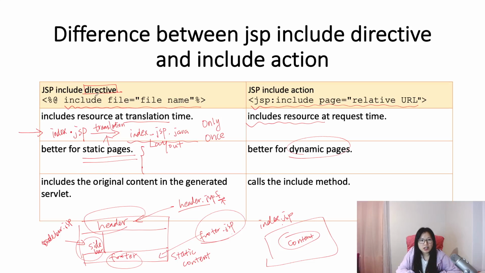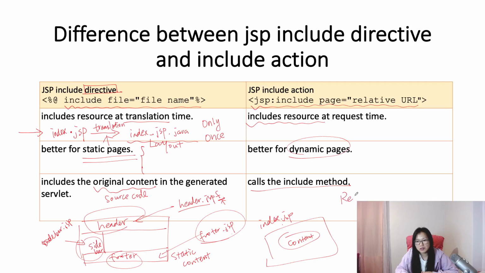And the JSP include directive includes the original content into the generated servlet, because during translation time it's not executed. So it's going to be the original content, which means the source code. But for this one, as we discussed in previous slides, it's not the source code.